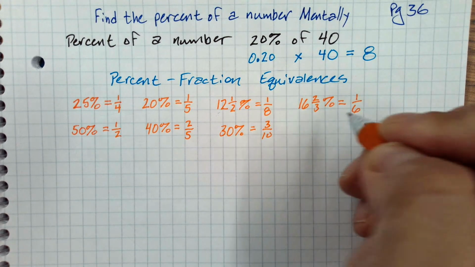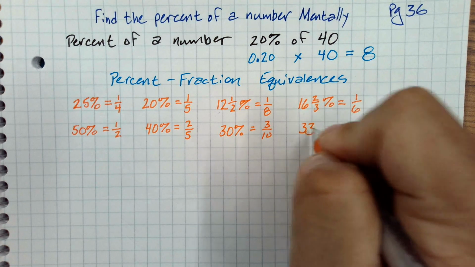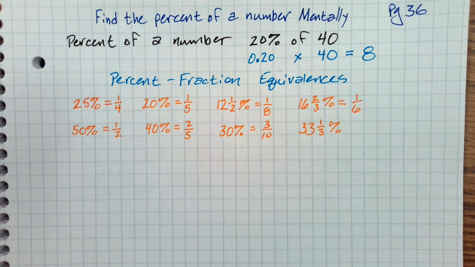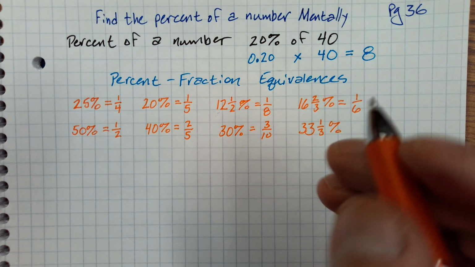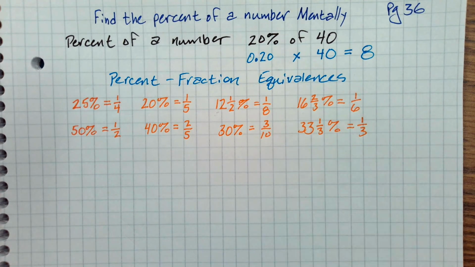Let's see. 33 and 1/3% is 1/3. This is a popular one, by the way. So let's just kind of get a highlighter here, and let's highlight the more popular ones.